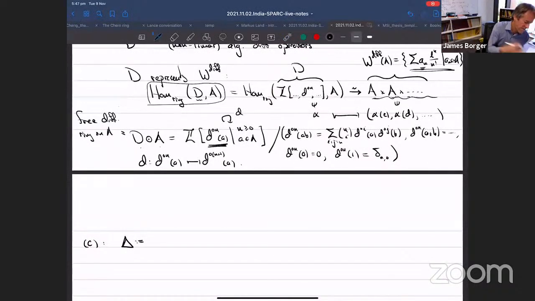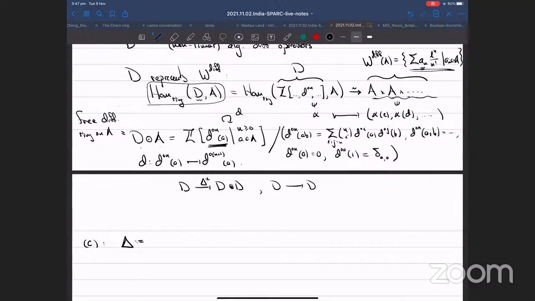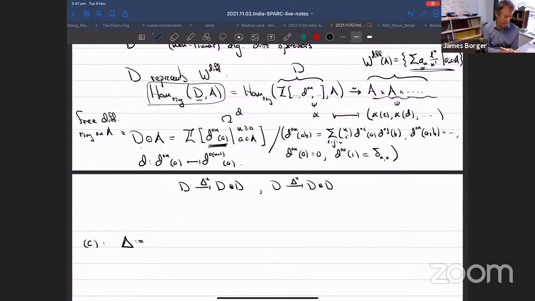This means the spectrum of D will be not an algebraic group, but an algebraic ring. And there are two operations, two co-multiplications, which correspond to the additive structure and the multiplicative structure. In fact, they're just another way of saying what the Leibniz rules with respect to addition and multiplication are.